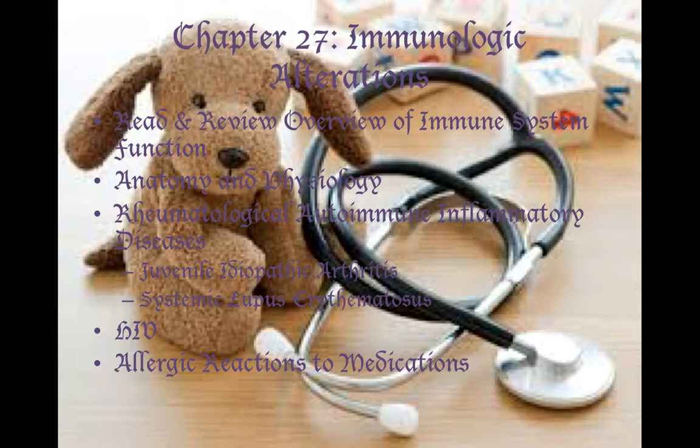Now we will look at the rheumatological autoimmune inflammatory diseases. These diseases include juvenile idiopathic arthritis, a new name for juvenile rheumatoid arthritis, and systemic lupus. First, we'll look at juvenile arthritis.